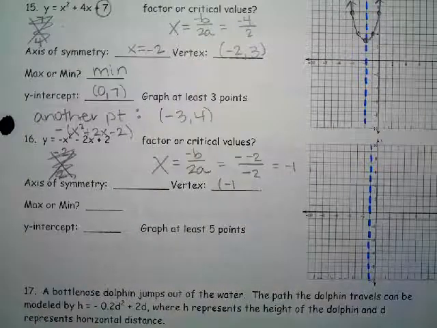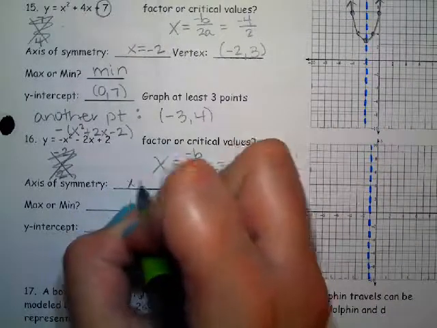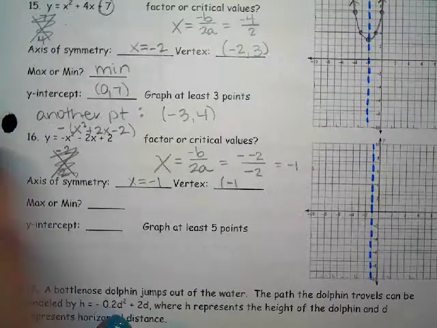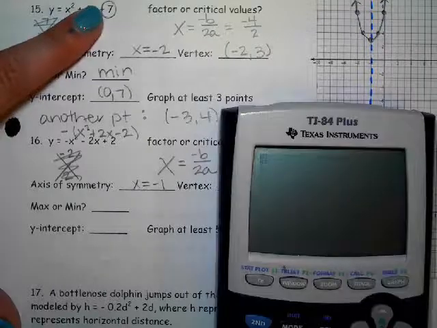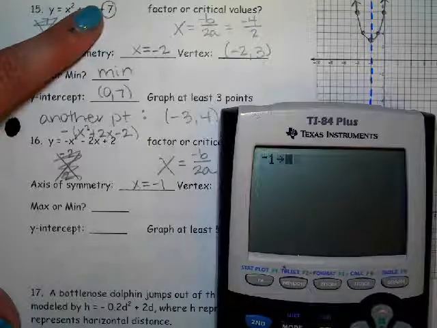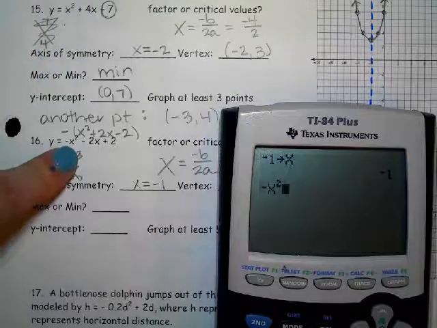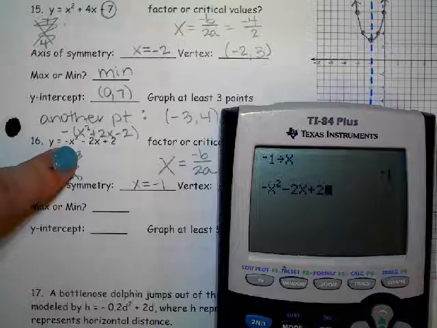Okay. So negative x squared minus 2x plus 2. What's our y-coordinate? 3.